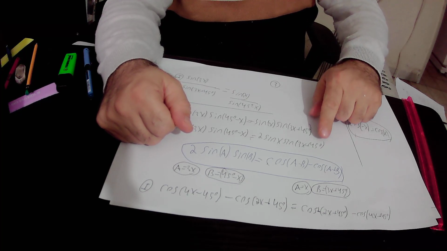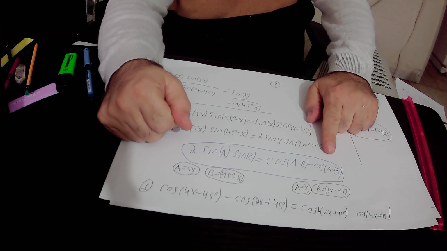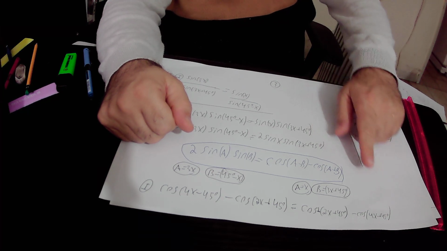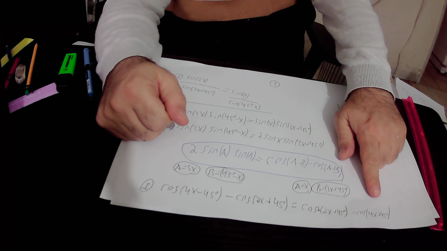And it is also here minus cosine A plus B. A is x and B is 3x plus 45 degrees. A plus B is x plus 3x is 4x, and 0 plus 45 degrees is 45 degrees. So we got here minus cosine 4x plus 45 degrees.